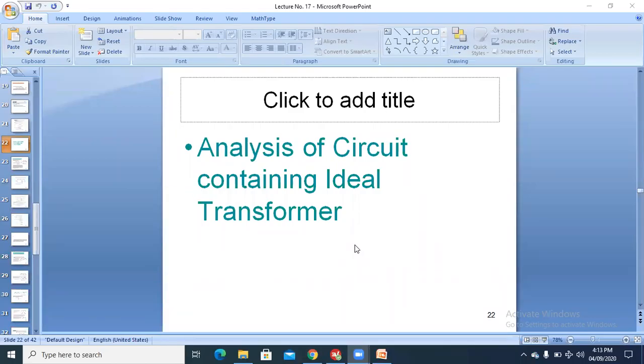Let's start today's lecture. In this lecture, we analyze the circuit of ideal transformer. Actually, we analyze the circuit in two different ways.